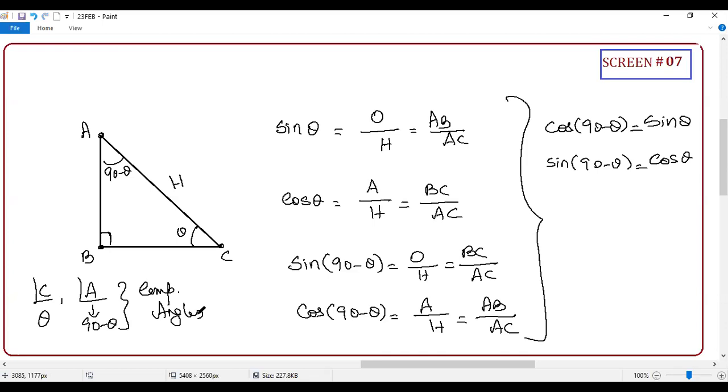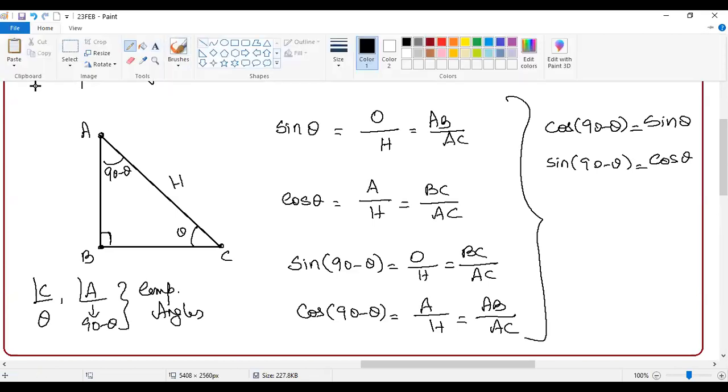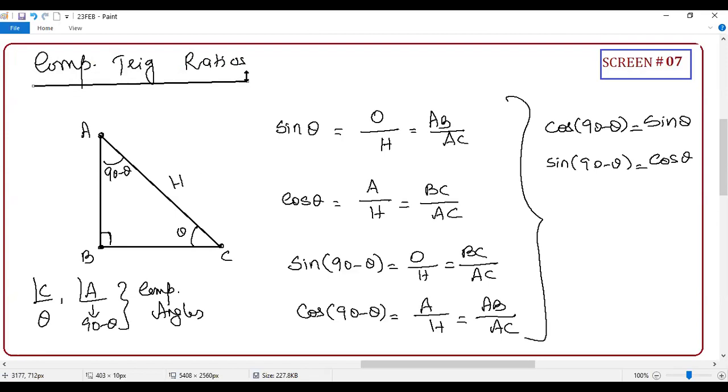Since this truth is applied for trigonometric ratios also, it's called complementary trigonometric ratios. What is complementary trigonometric ratios? When two angles are complementary, one trigonometric ratio is equal to the other trigonometric ratio. Sine and cos are complementary to each other. Sir, only sine and cos? No, student.